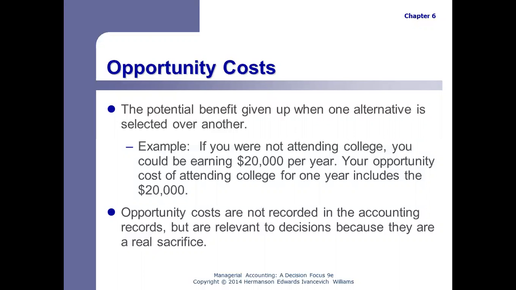Okay, you're giving up the ability to, let's say, work at McDonald's for this hour, and you could make $10 an hour, okay, instead of sitting here listening to this lecture. So you're giving up the opportunity to earn $10 at McDonald's for an hour instead of listening to this lecture. That's an opportunity cost. You're giving up the potential earnings at McDonald's because you're selecting this instead as an alternative.